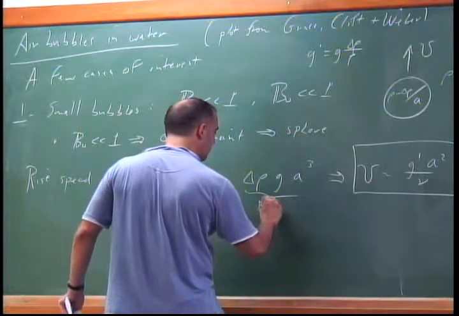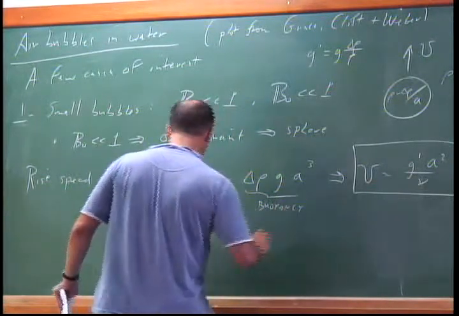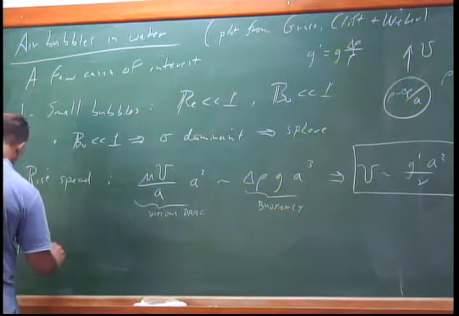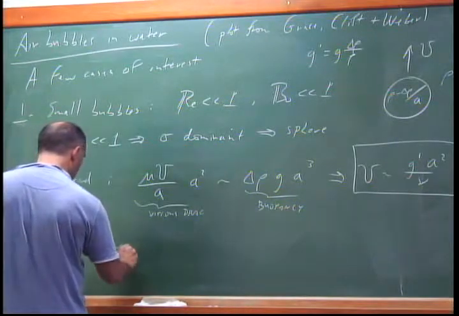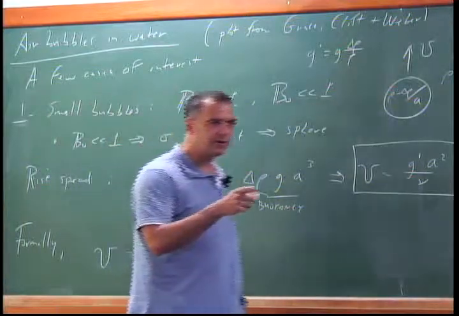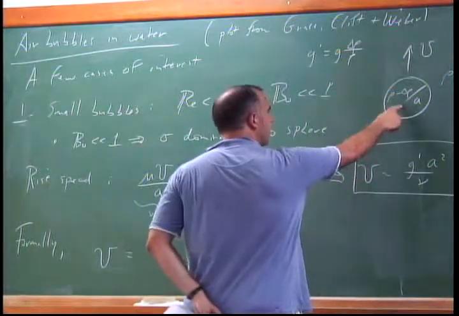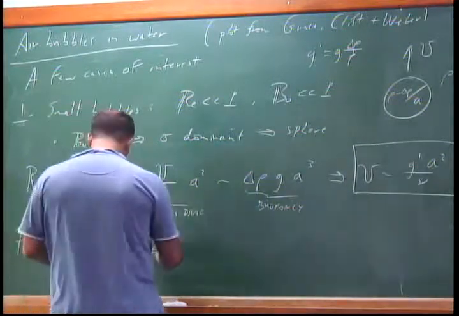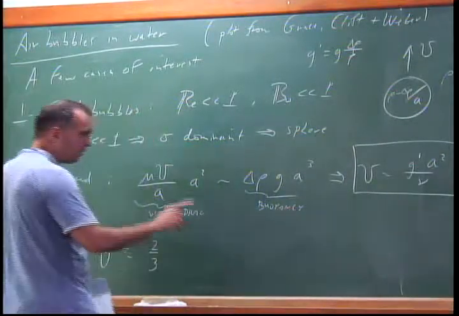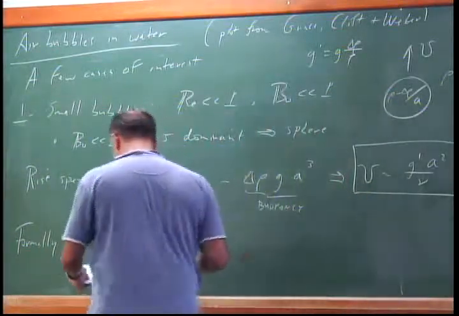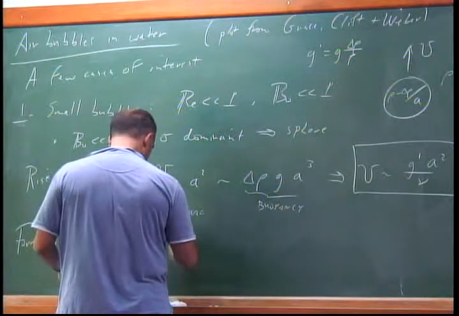Okay, and if you do this formally, then you find U equals, and you can get the dependence on the viscosities. Here we're assuming that it's the viscosity outside which is dominant. But if we have two phases, for the case of a drop with two fluid phases, then you get the following.